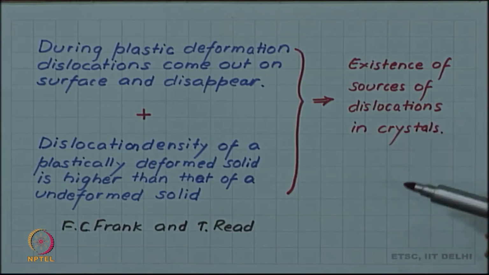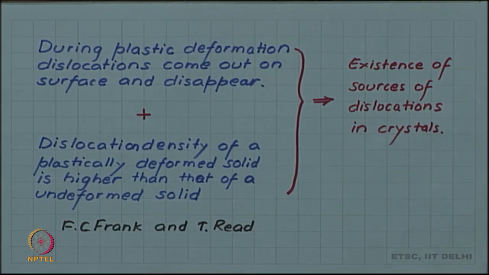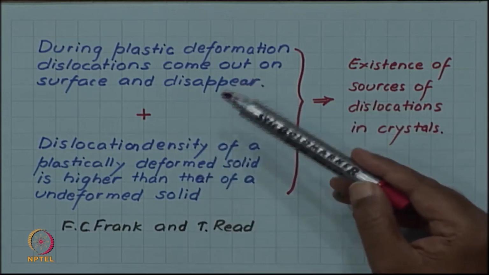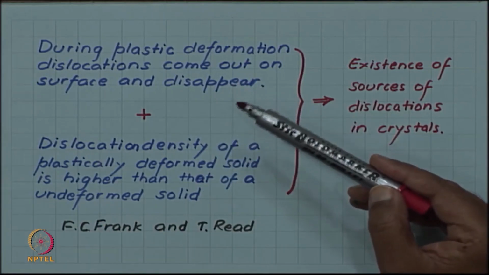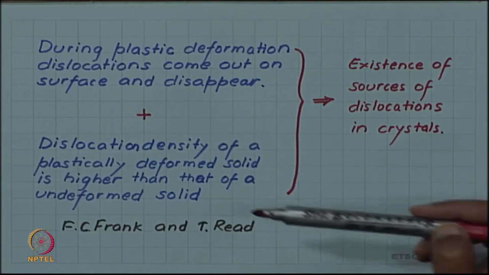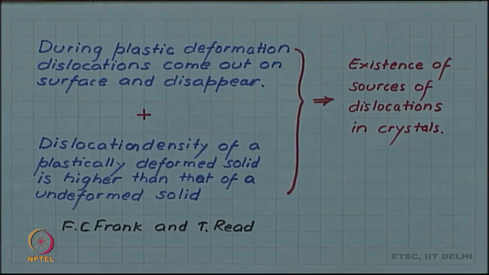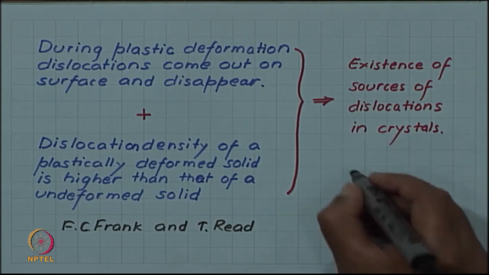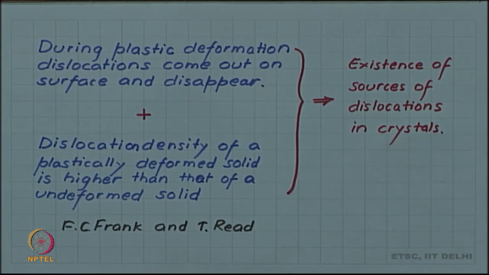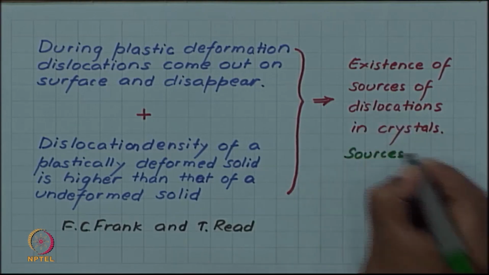Which means that there are sources which operate during the plastic deformation and generate more and more new dislocations. So much so that they not only counter any decrease due to dislocations coming out, but they actually make more dislocations, such that the final dislocation density is higher than the starting dislocation density. So, these sources operate during plastic deformation to generate more dislocations.